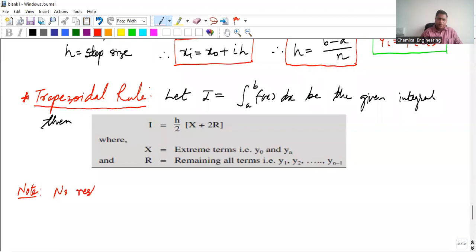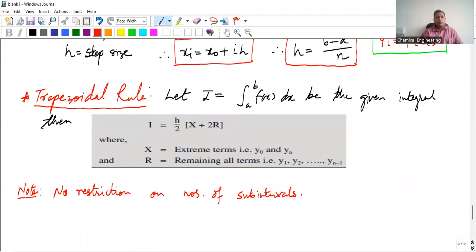That means this n, the number of subintervals, can be anything. It can be an even number, it can be an odd number, it can be anything. So there is no restriction on the number of subintervals in the trapezoidal rule.